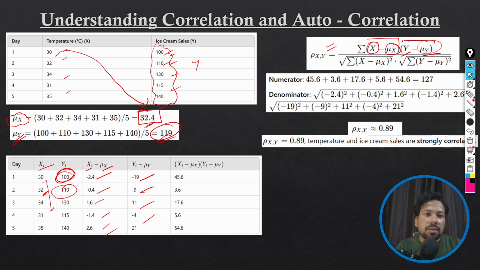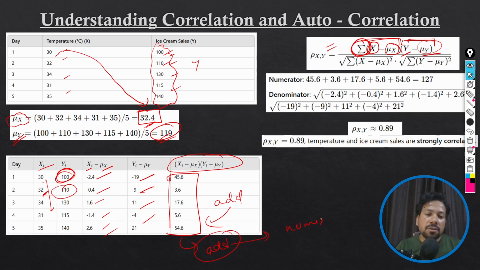Now you have to multiply these two terms, so here I have multiplied them. Then you have to use summation, which simply means you have to add all these values. If you add these values, you will get the numerator part. Now we have solved the numerator part of it.